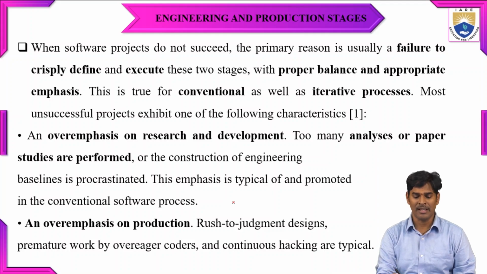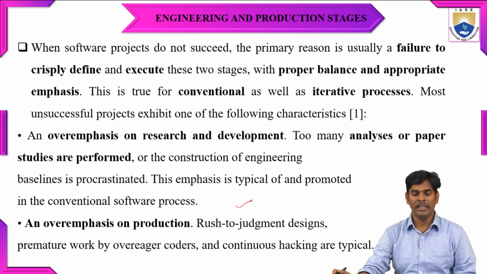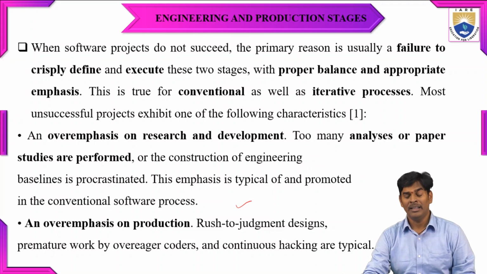The first characteristic is overemphasis on research and development. Mainly they need to check the R&D. While they are taking the software projects, they are going to verify the paperwork. The analysis of the paperwork should not involve too many constraints.